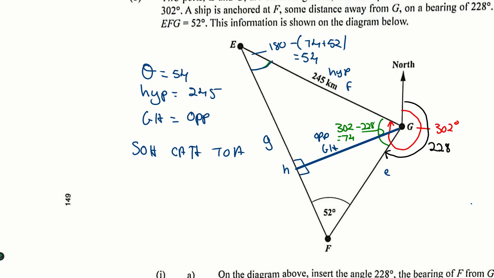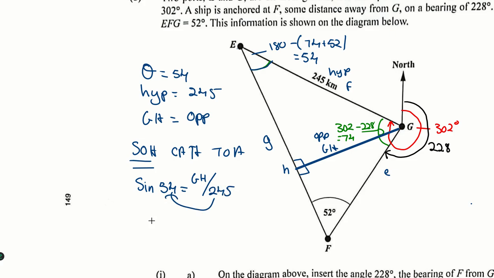So we put SOH CAH TOA and ask ourselves, which one will we use? Sine, cosine, or tan? We will use sine. Why? Because it's opposite and hypotenuse. The others have adjacent, and we don't know adjacent. So sine theta, which is sine 54, equals opposite, which is GH, over hypotenuse, which is 245.